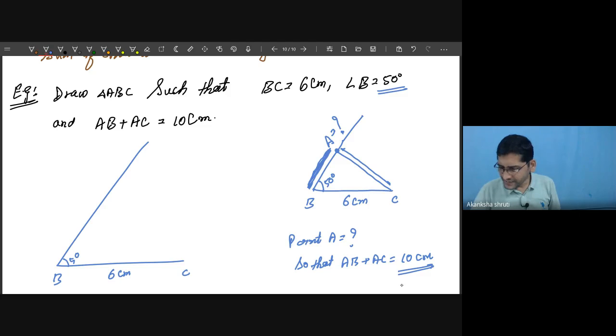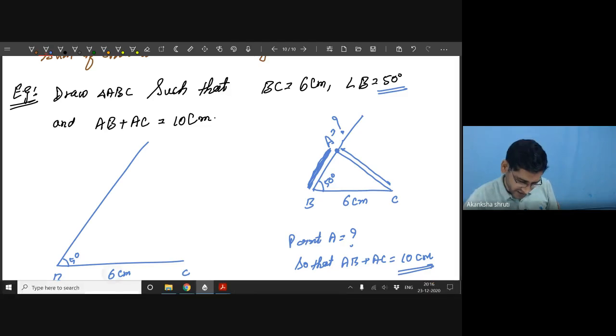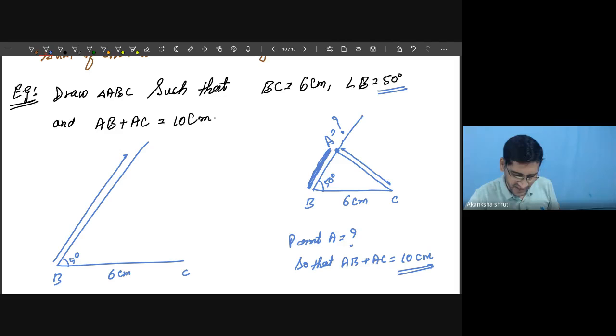Then you will allocate this 10 centimeter on it, but mark this 10 centimeter as point D, not as point A. Then you have to join this D to C. Then you will draw the bisector of this DC.